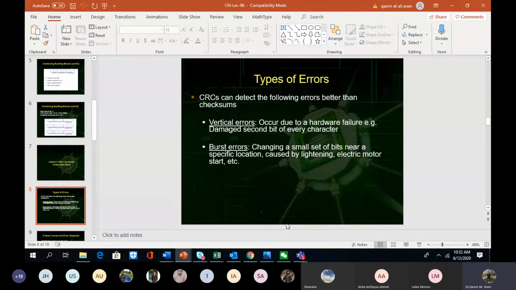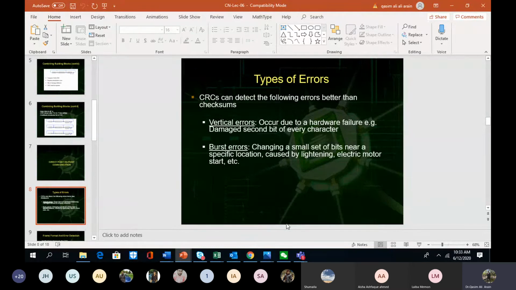One is called single bit error, another one is called vertical error, and the third one is called burst errors. अब सिंगल बिट एरर का मैंने आपको बताया था, what was that single bit error, I mean let's suppose if a single bit is modified, that can be detected by your parity bit. ठीक है, लेकिन अगर एक से ज्यादा बिट आपके पास मॉडिफाई होती हैं, if more than one bit is modified, they are going to be detected by the burst errors.